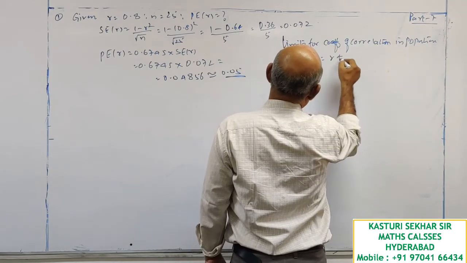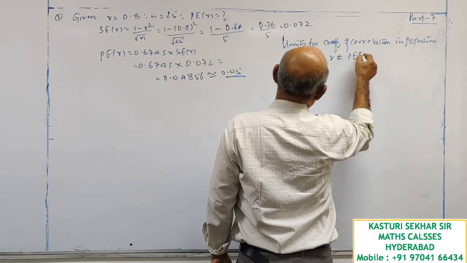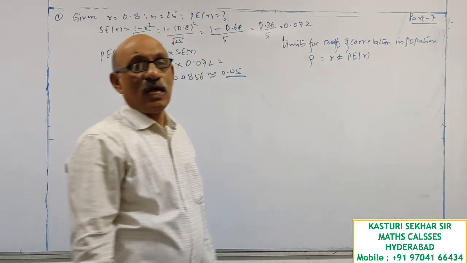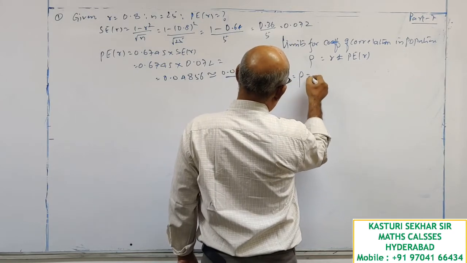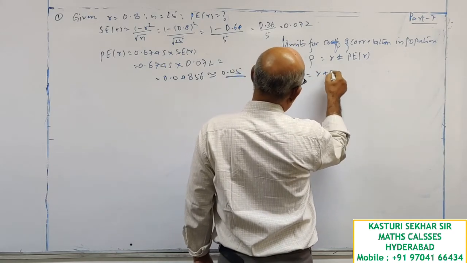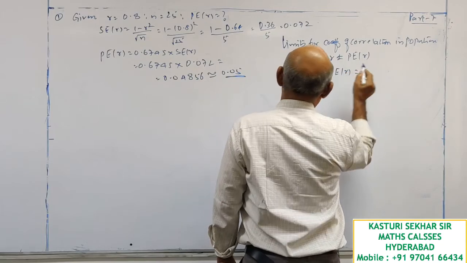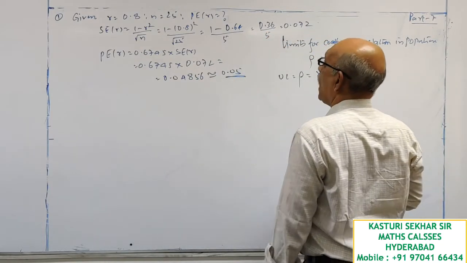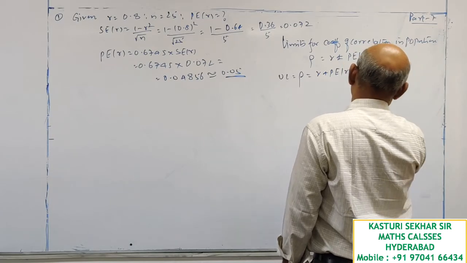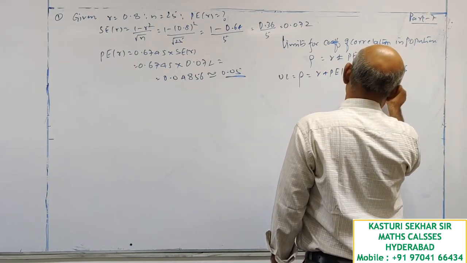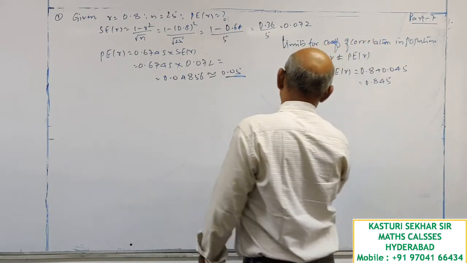Rho is equal to r plus or minus probable error of r. Upper limit and lower limit we will get. Upper limit is r plus probable error of r, 0.8 plus 0.045, 0.845 upper limit.